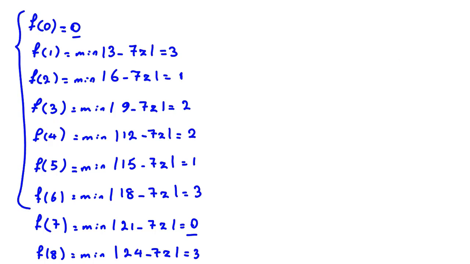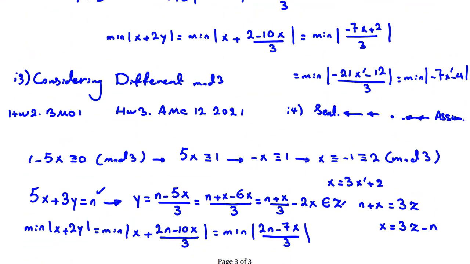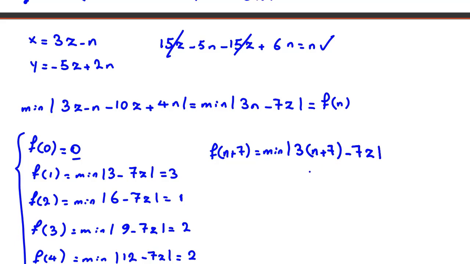Now let's prove this. For this one, suppose we call it f of n. f of n plus 7 is the minimum of 3 times n plus 7, minus 7z, which is equal to the minimum of 3n plus 21 minus 7z, which equals the minimum of 3n minus 7 times z minus 3.